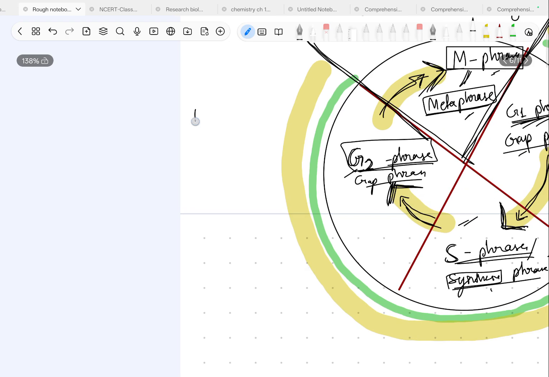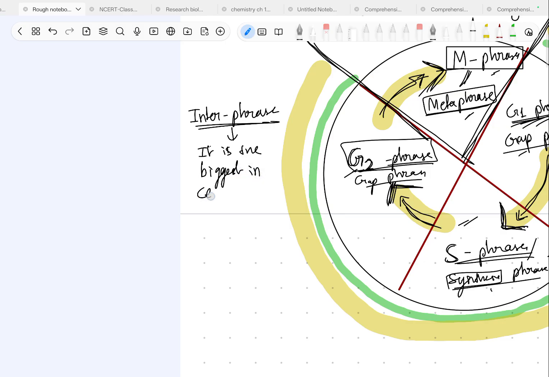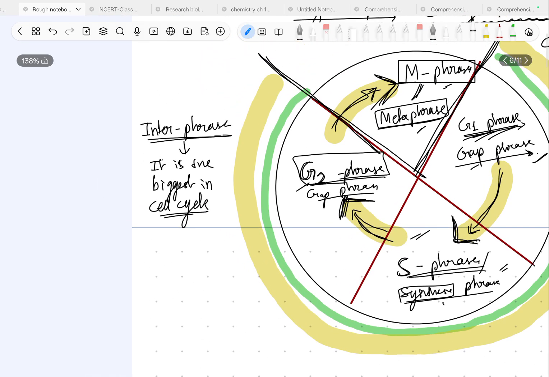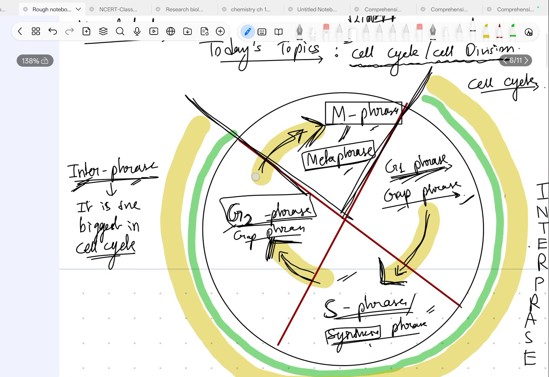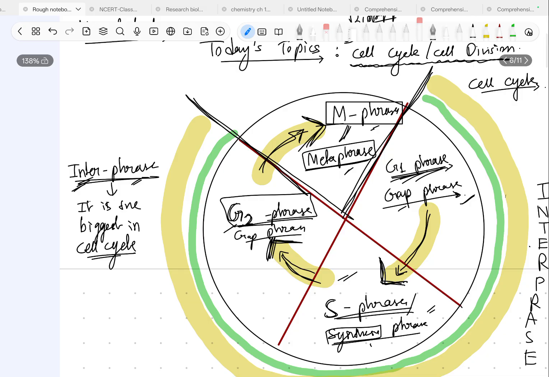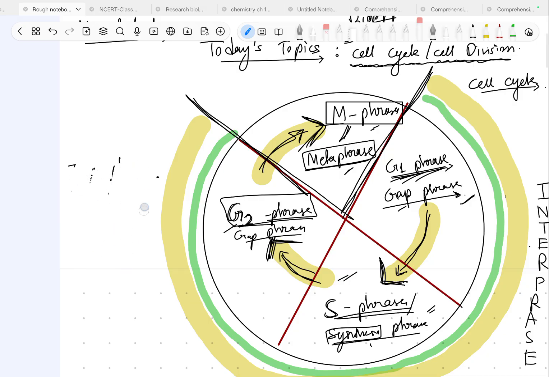Let me write it here. It is interphase, and interphase is the biggest phase in the cell cycle, meaning more time is required in interphase.